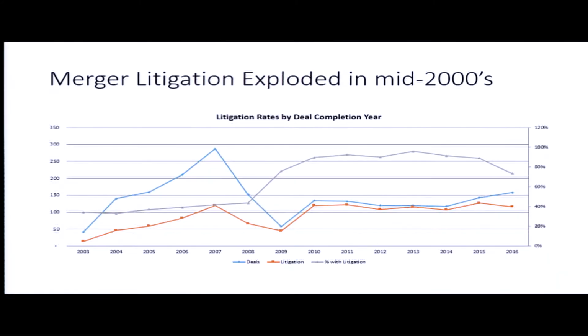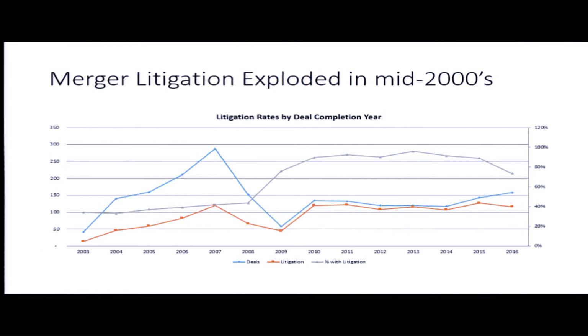All right, so this is an interesting little diagram here. This shows what happened to merger litigation in the 2000s. This blue line here is the number of deals that were consummated, deals of more than $100 million. This orange line here is the number of cases that were filed.